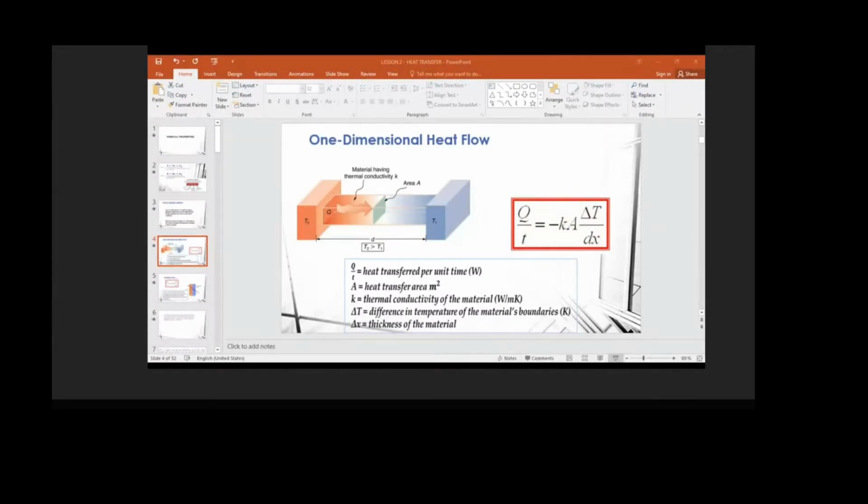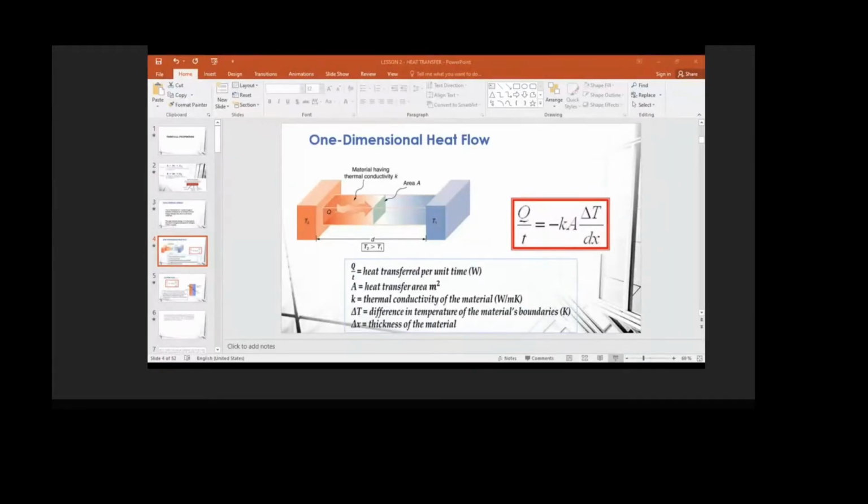Now, the other important thing is, why is there that negative in the equation? The delta T over dx is basically change in temperature over change in distance traveled, which sounds like finding the gradient of something. When you find a gradient, it's the change in the y value over the change in your x value. So that part of the equation is known as your temperature gradient.